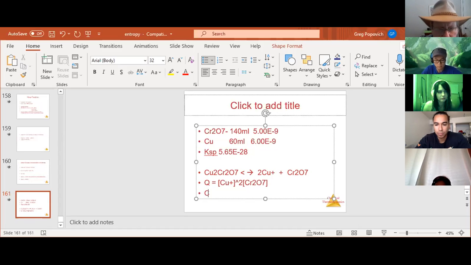So for the Cu plus, I've got 0.060 liters times 6 E minus 9 molar, and that equals... Is that equal to the Ksp we're given? Nope, that's just the moles of copper. Oh, okay. Let me put 0.06 times 6.